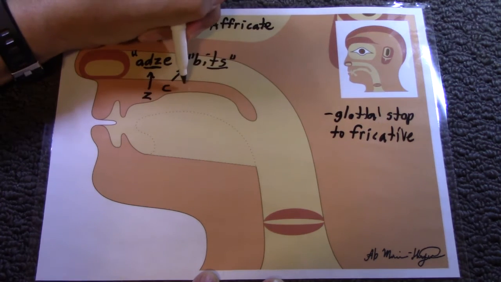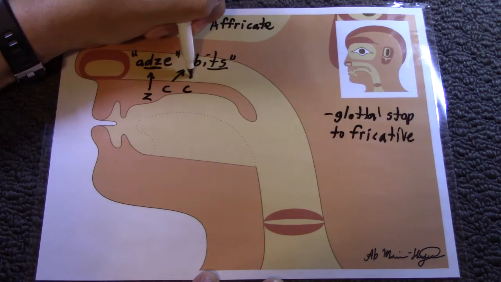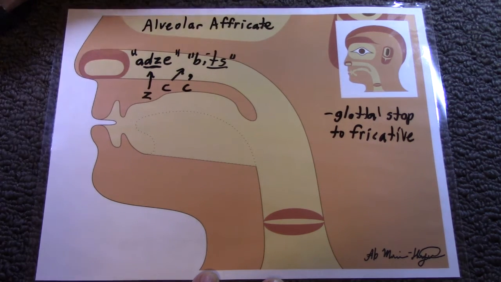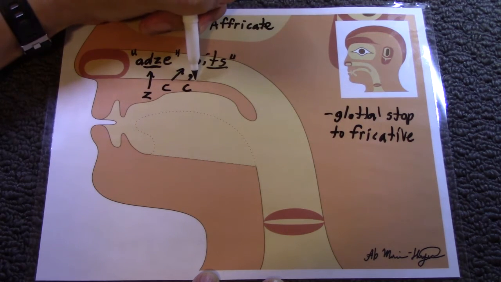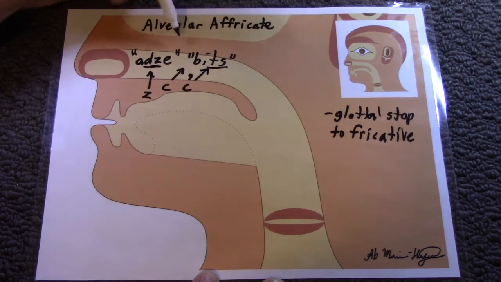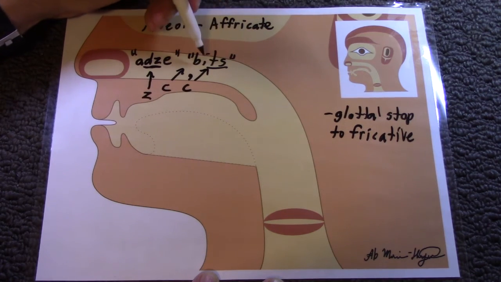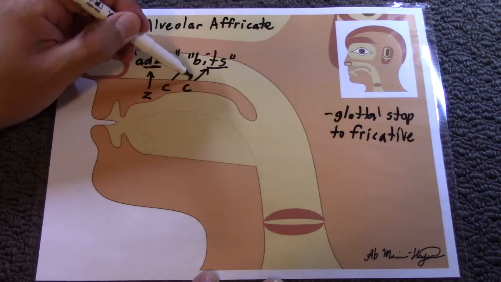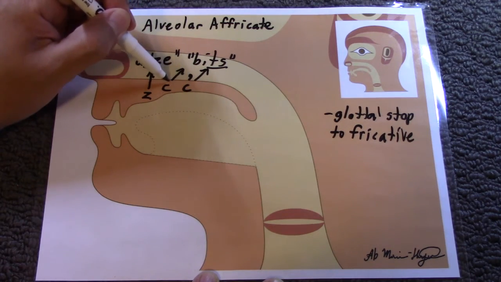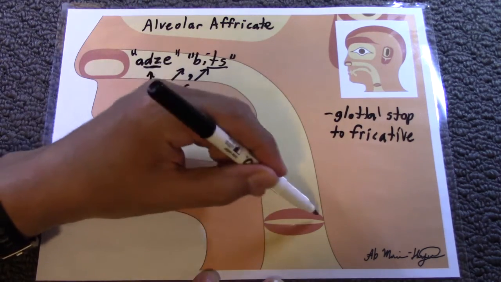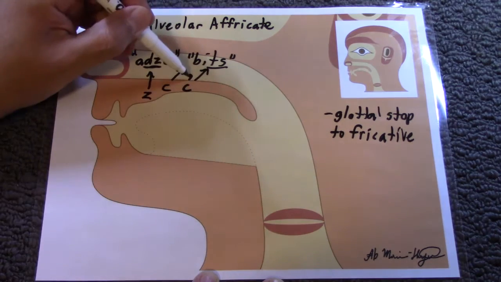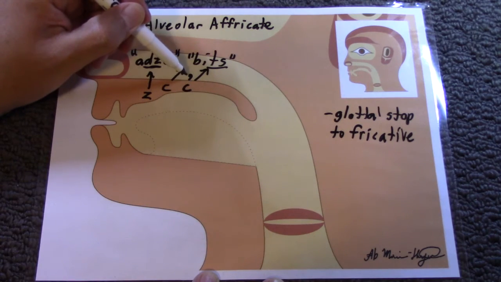We also have a glottalized C. So we have a C with an apostrophe over top of it. And that's very similar to the ts sound, but it's more pronounced. So what we're doing is before we make the ts sound, we're kind of closing off our air supply, then we're forcing it out. We're putting more air out at one time.